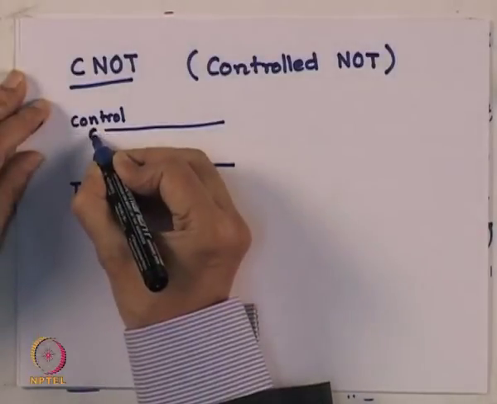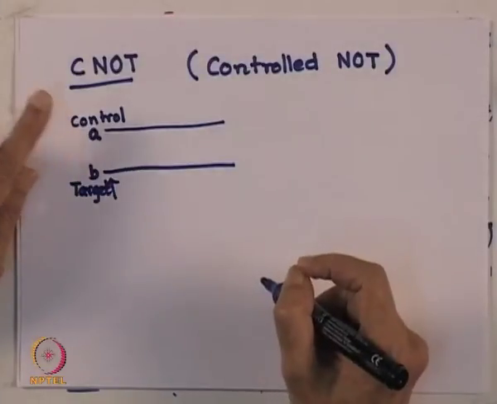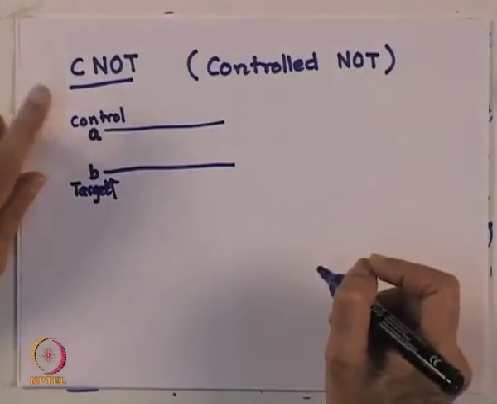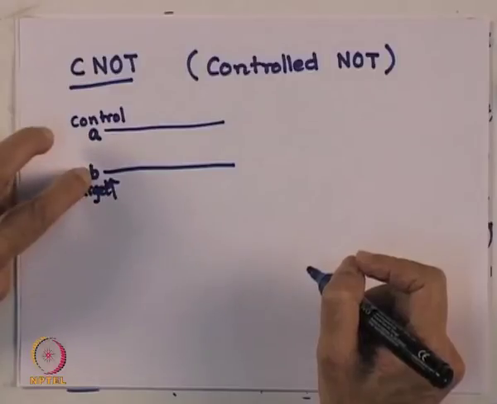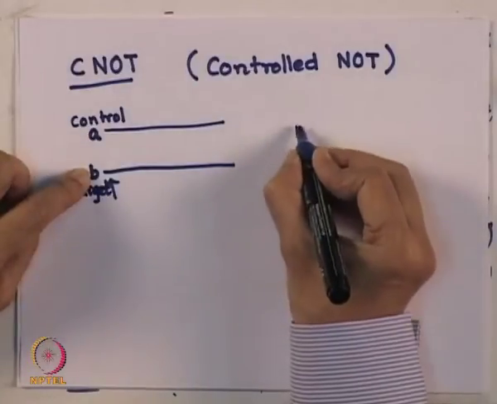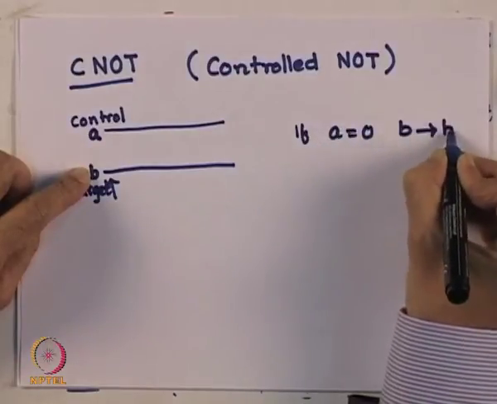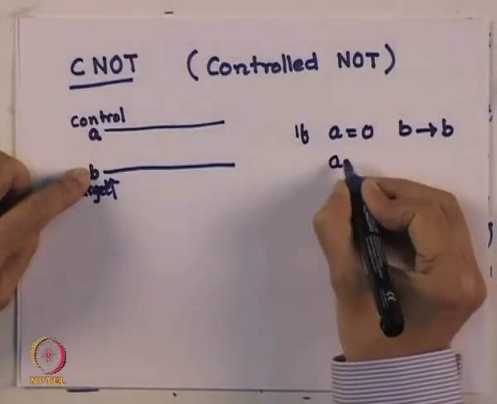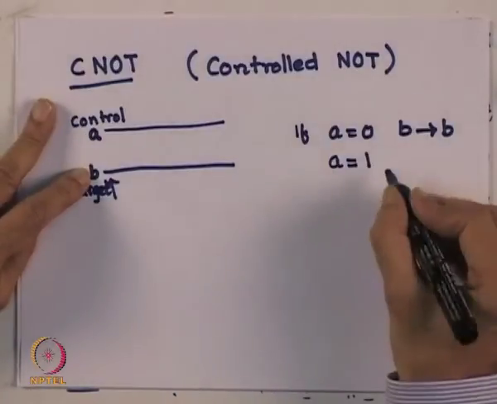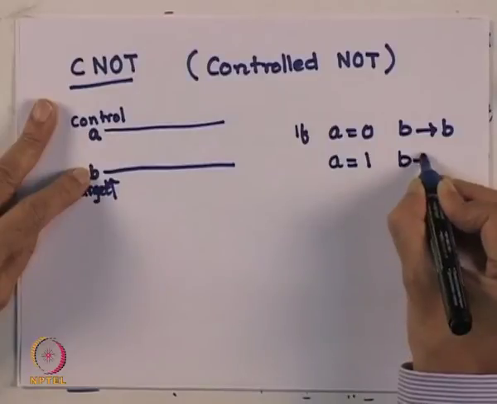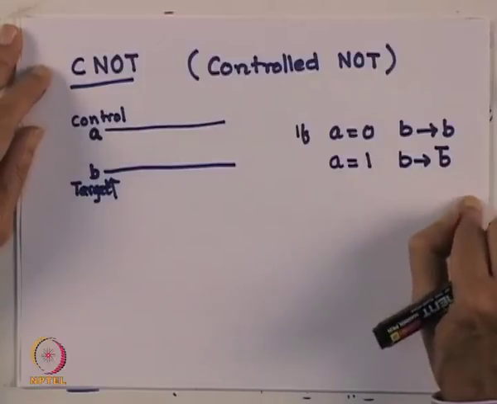Suppose my control is A and target is B. The rule for the controlled NOT gate is that whenever the control bit is 0, nothing happens to the target bit. So if A is equal to 0, B remains B. But if A is equal to 1, then B becomes B bar, that is, B is flipped. If B is 0, it becomes 1, and if B is 1, it becomes 0.